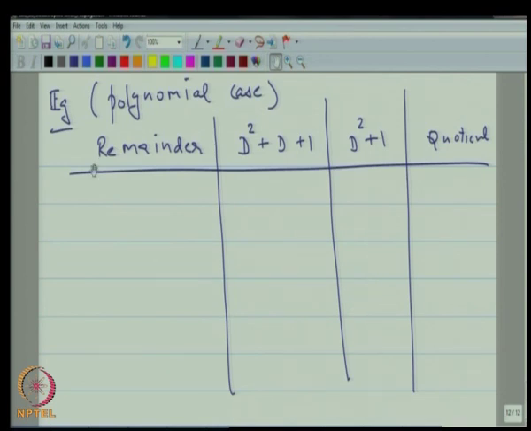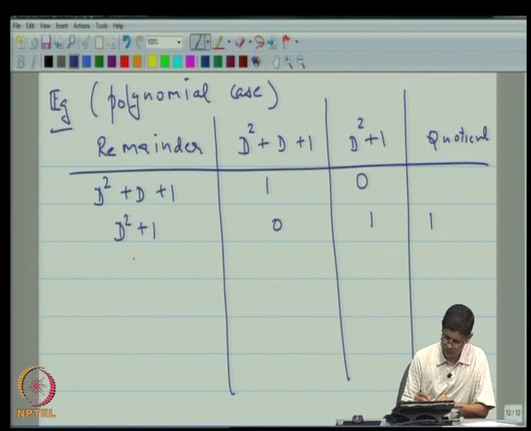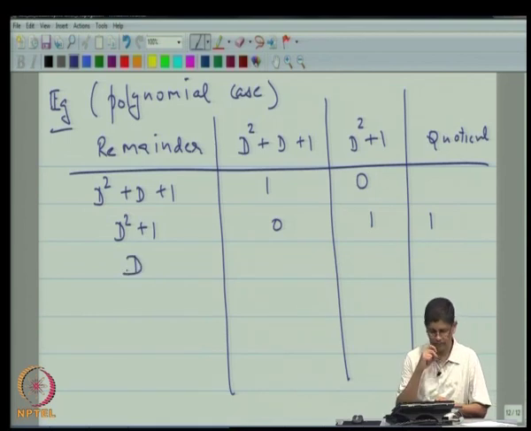So, we will list here d squared plus d plus 1 and then d squared plus 1. So, this is 1 0 0 1 just like in the earlier case. The next step is to actually divide d squared plus d plus 1 by d squared plus 1. The quotient is 1 and that is easy to see, and the remainder is d. Okay.